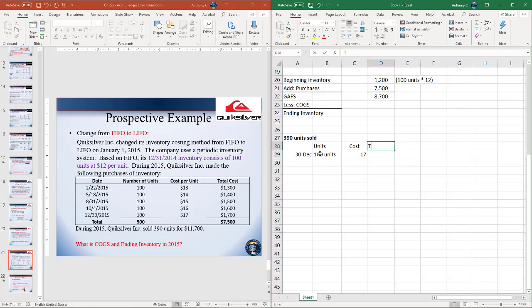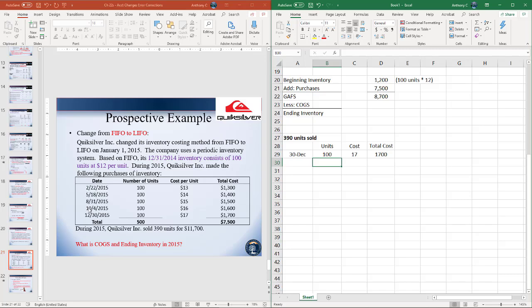And then our total cost. All right, so we assume we sold these 100 units first. They have a cost of $17 a piece. So that gets us out to $1,700. All right, we still have to account for another 290 units sold.